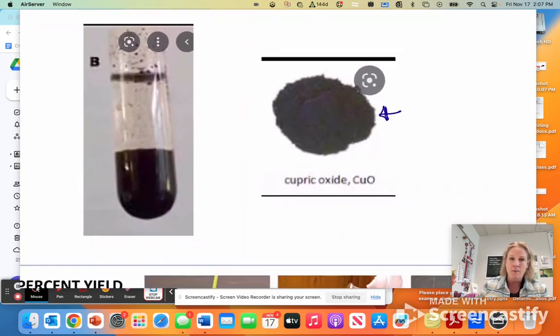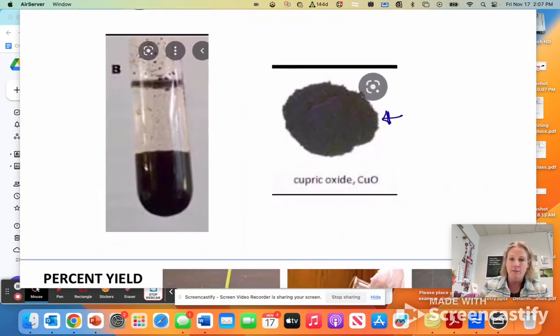Depending on whether it had enough time or not, it might not be all the way dried. So the mass is greater than what it should be because there's still water in there. And one other reason it can be greater than 100% is that sometimes the product will react with something in the air and form another compound, and that'll add to the mass of the compound that you're trying to figure out.